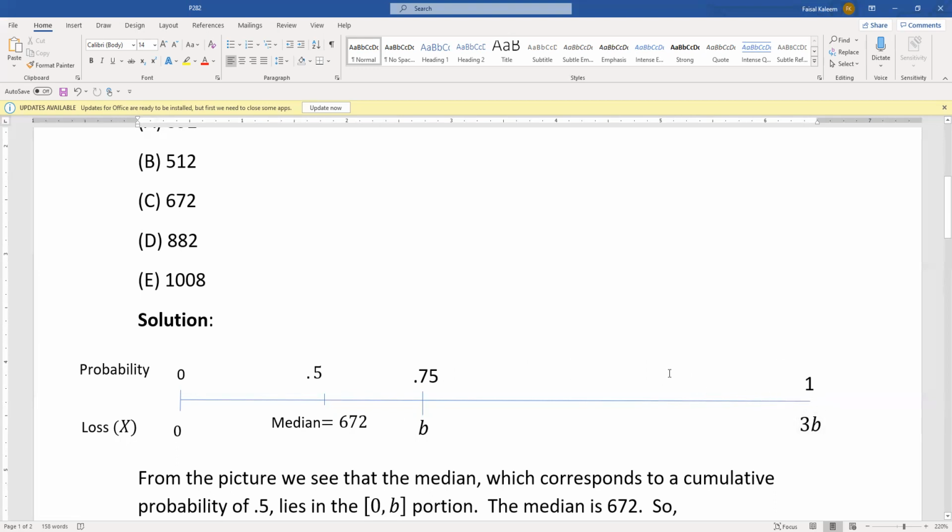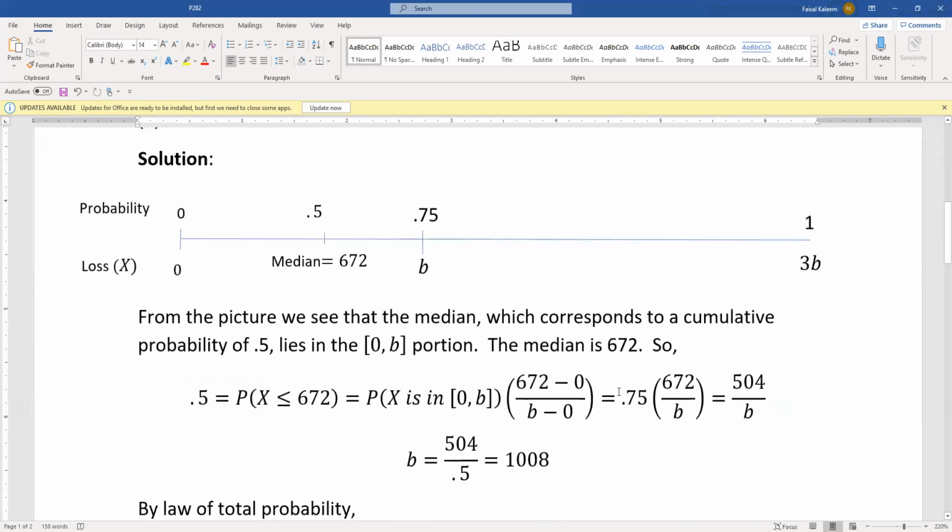We are given that the median is 672, and the median is the point where the cumulative probability is 0.5. So median lies in the portion of the loss that is between 0 and B.